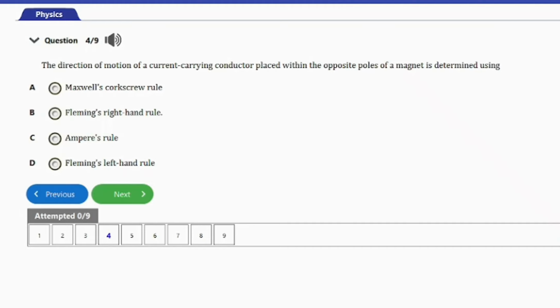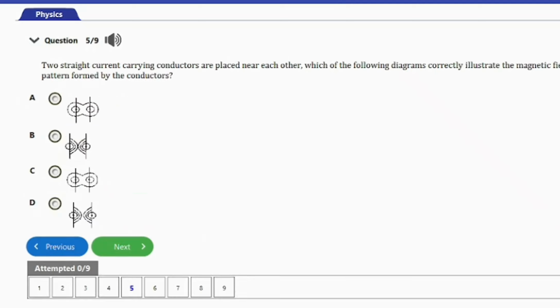So let's go ahead and consider the next question. So that's question number 5 here. It says, two straight current carrying conductors are placed near each other. Which of the following diagrams correctly illustrates the magnetic field pattern formed by the conductors?